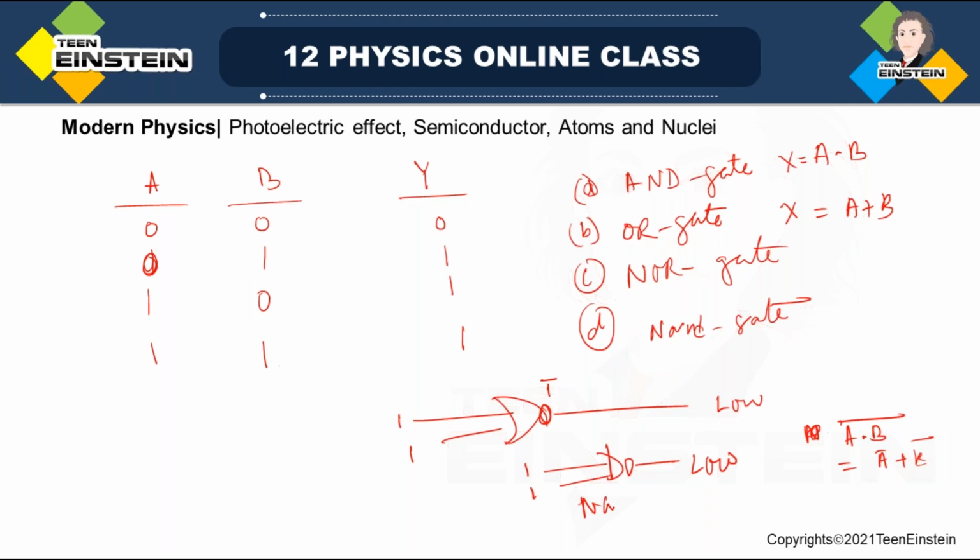So this is NAND and this is NOR. So these are not true for this case. This NAND will not be there because this is 0 and 1 would give 1 only when this is OR gate. Okay, so this is how we have to solve.